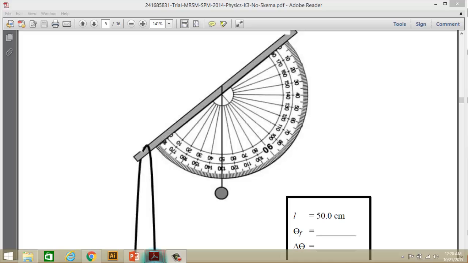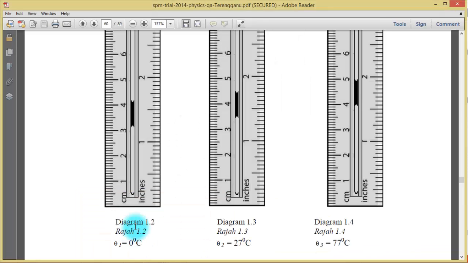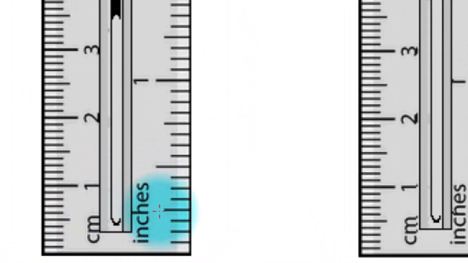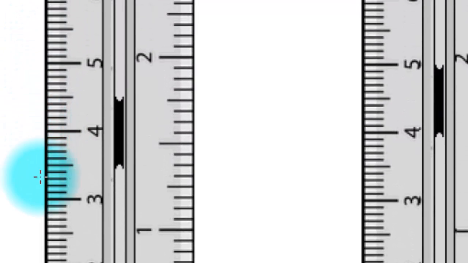Okay, maybe we look at this question. This is another question, Terengganu paper 2014. They give you this ruler, and maybe we focus on diagram 1.3. The left side is in centimeter, the right side is in inches. So maybe just focus on centimeter. Look at 4 centimeter and 3 centimeter.